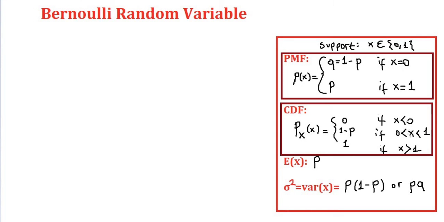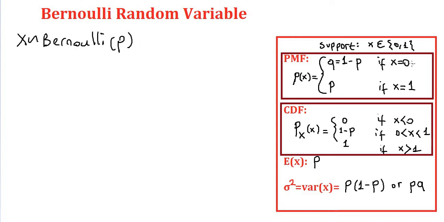Hello everyone. In this video, we are going to go through the Bernoulli random variable. X ~ Bernoulli with parameter p is the distribution where p is the probability of success. A Bernoulli random variable is supported on 0 and 1, so we have a binary outcome.